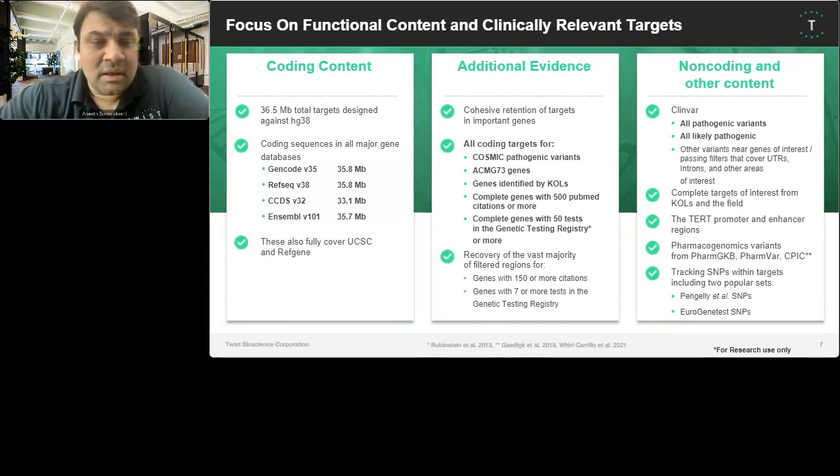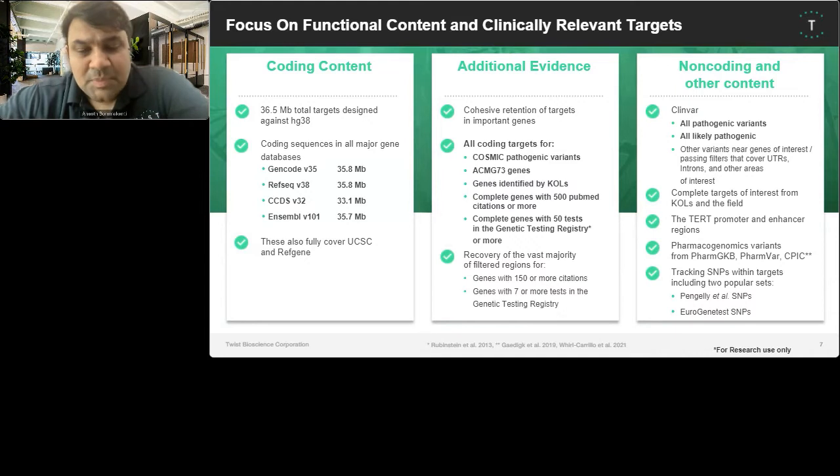One of the most important things we did was take all the genes that were cited at least 500 times in PubMed, or 500 or more citations for a particular gene. Along with this, we also took any gene that is represented at least 50 times in the genetic testing registry.